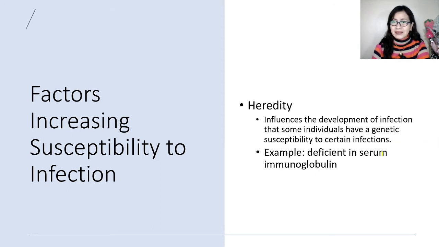Next, we have heredity. Heredity influences the development of infection in that some individuals have a genetic susceptibility to certain infections. For example, serum immunoglobulin, okay, is necessary. Any lack of this serum immunoglobulin, okay, can cause the internal defense mechanism of the body to decrease.